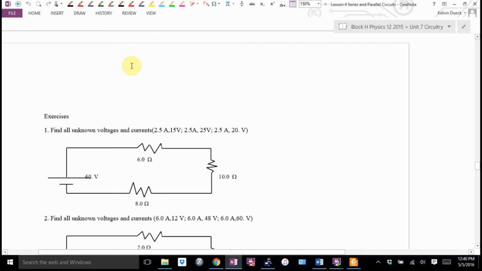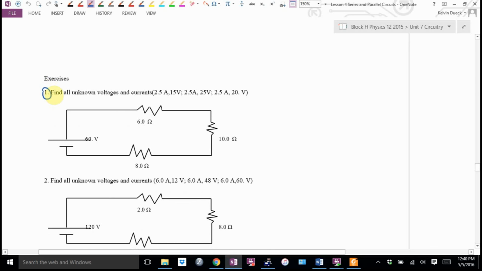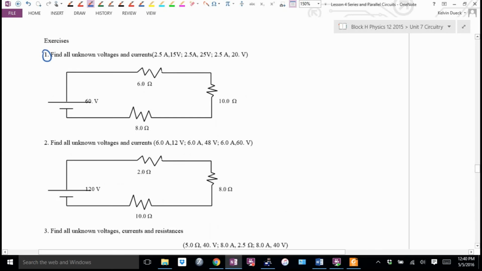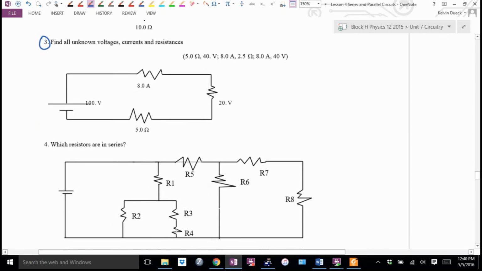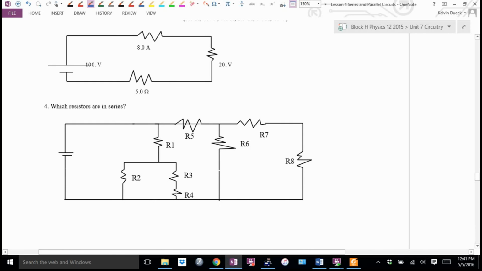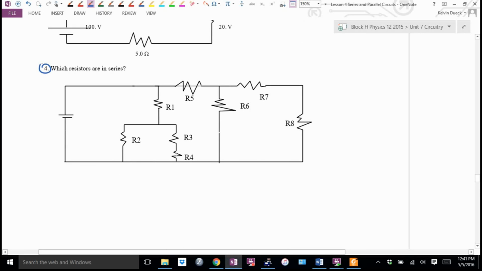Homework. Mr. Derek, that was a short lesson. We're going to practice this. Number 1. Number 2. 3 is good. 4 is just asking which ones are in series. You can just label them. Remind me for number 4. I can go over the answers next class. I've just noticed there is no answers.